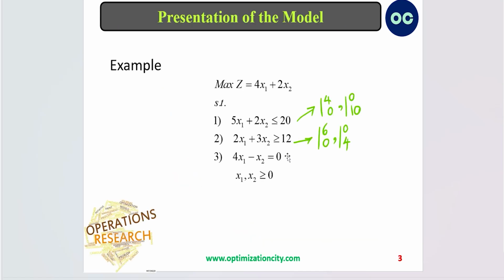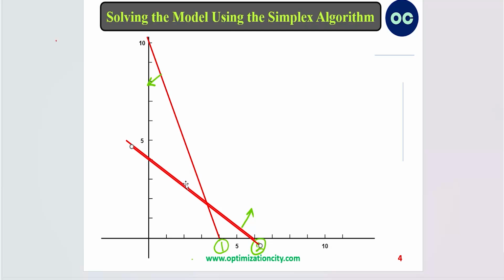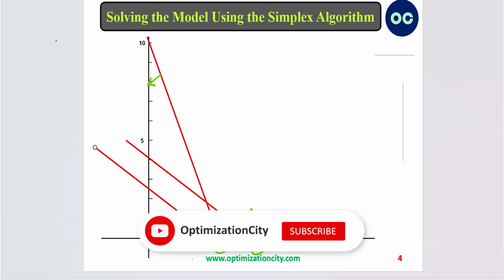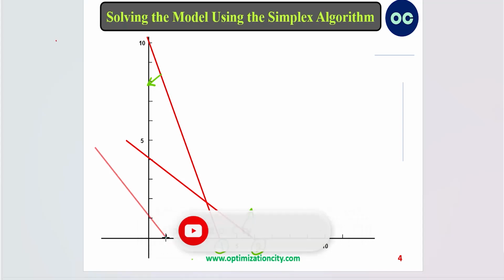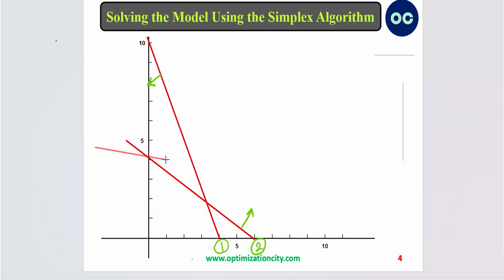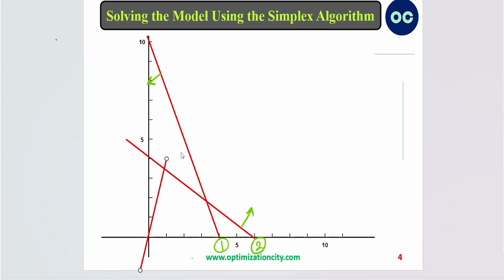The third constraint is an equation, so it's plotted using 2 points, 1, 4, and 0, 0. Here, 1, 4.